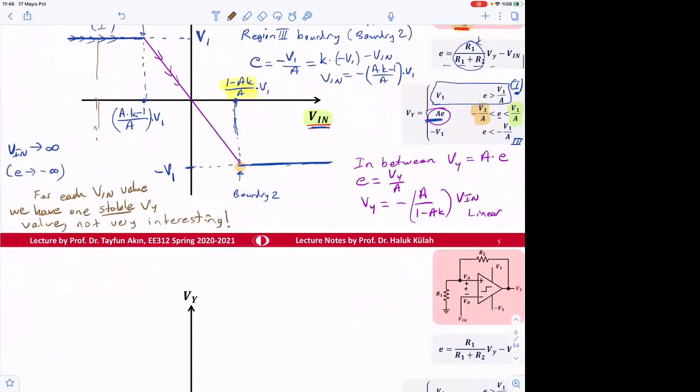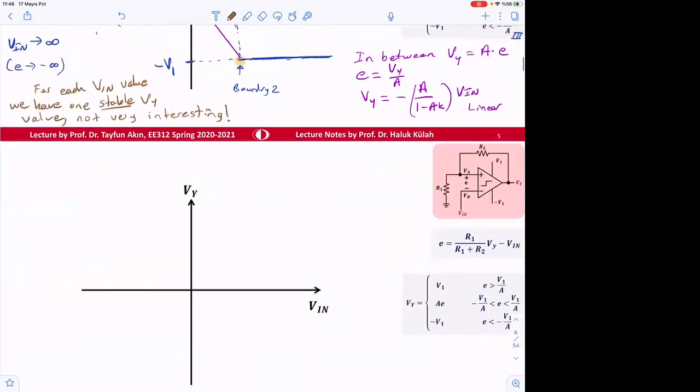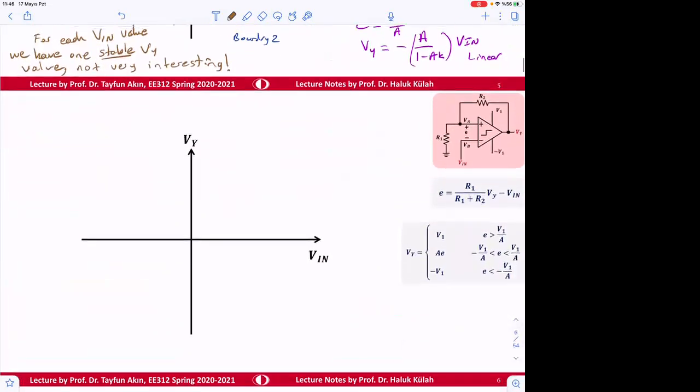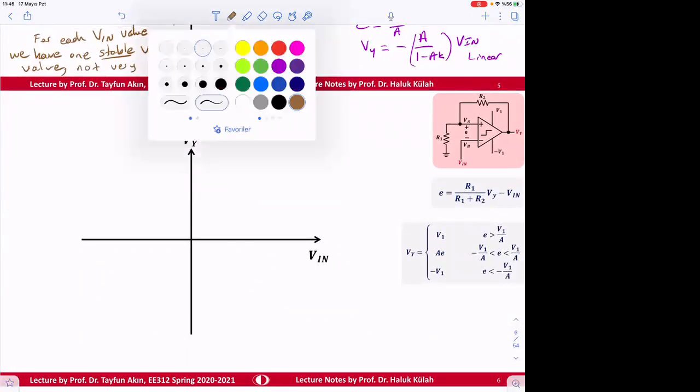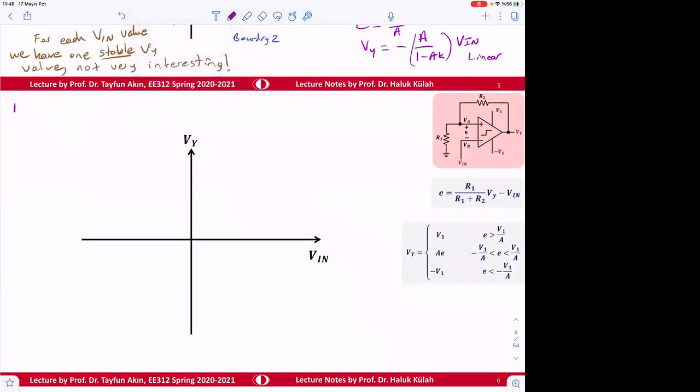The very interesting case is going to be here, if A times K is larger than 1, which is usually the case.